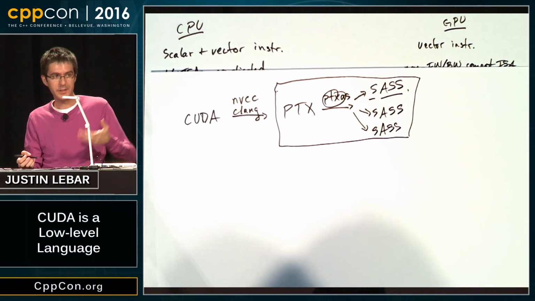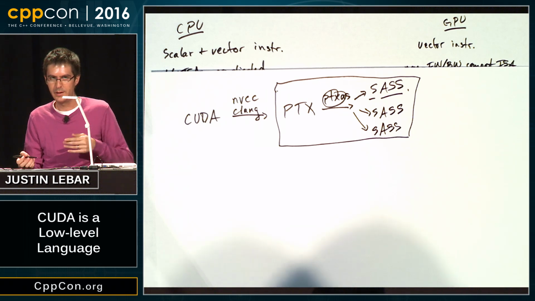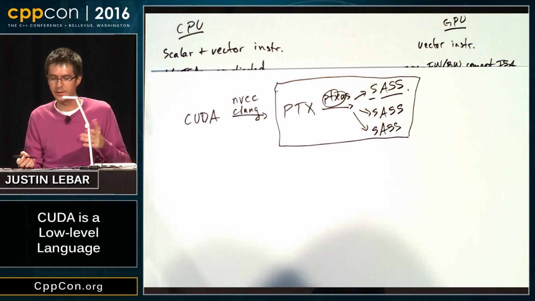Okay. So this is good from a compiler developer's point of view, because every time NVIDIA releases a new GPU architecture, we don't have to write a new backend in LLVM or Clang. But it's also kind of bad, because PTXAS is an optimizing assembler, and it will do things like loop unrolling.